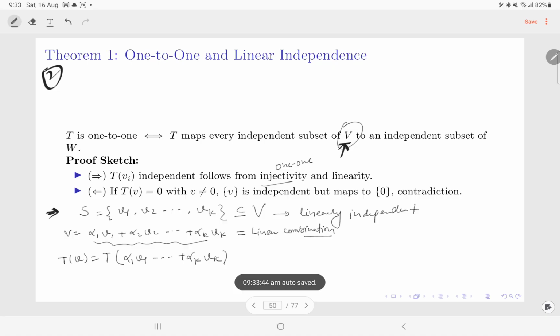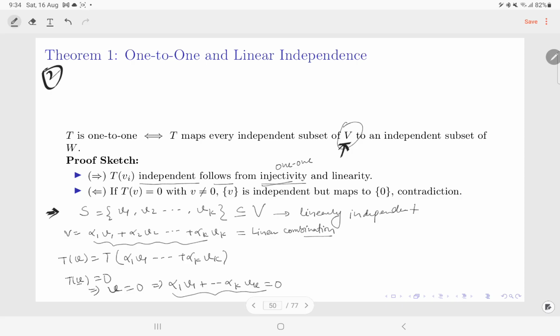Now, since T is 1-1, this has to be 0. Yes or no? That means T(v) has to be 0, which implies v has to be 0, which implies alpha 1 v1 plus and so on plus alpha k vk has to be 0.